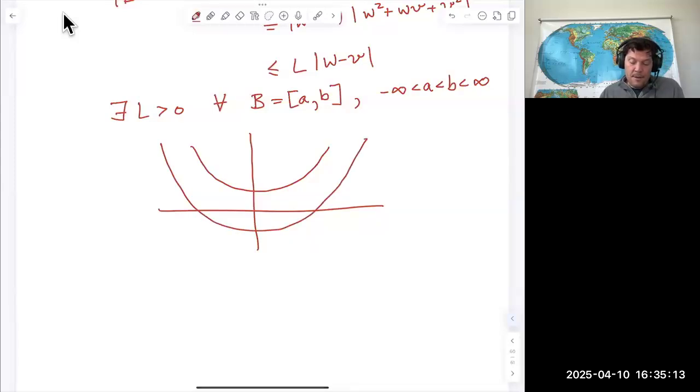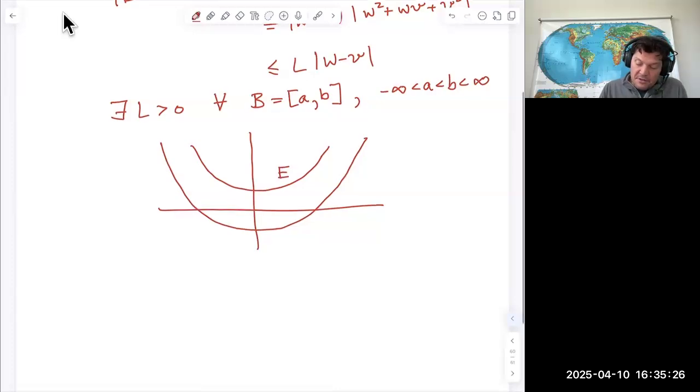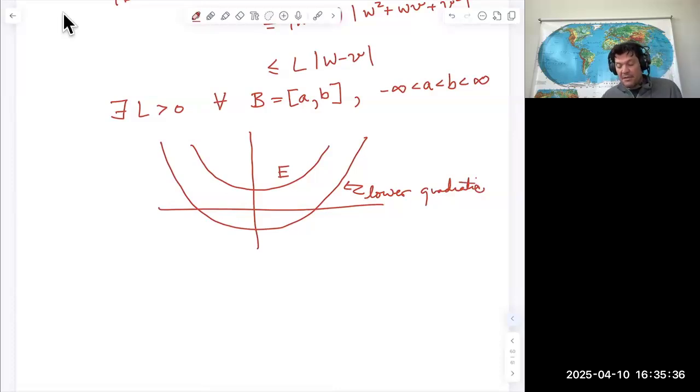Okay? And that's because of the coercivity property. If it's convex and coercive, I can always find a quadratic function to go underneath this function E. So this is what we call the lower quadratic. Now, actually, the function doesn't have to be convex for this to work.